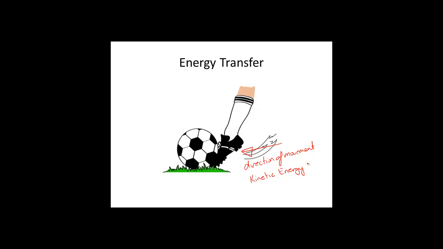When the person's foot, which contains kinetic energy, comes into contact with the ball, energy is transferred from the foot into the ball. So the ball, which was initially stationary, had no kinetic energy to start with, now gains some kinetic energy.